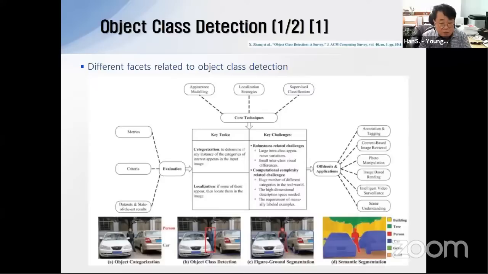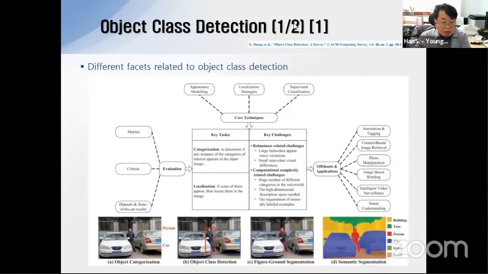We define object categorization, object class detection, figure-ground segmentation, and semantic segmentation. Object categorization just categorizes the objects inside the image. When you input the image, the system outputs the categories of the objects inside it, such as person and car.